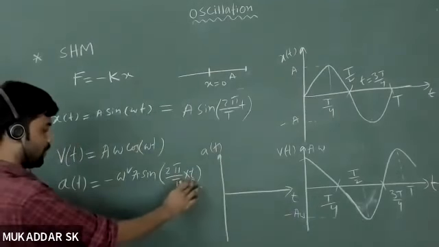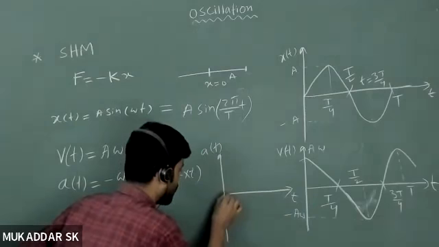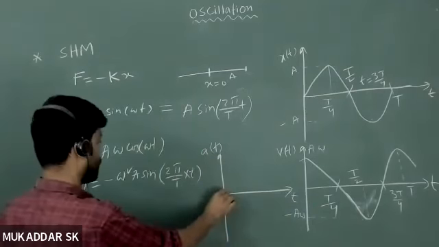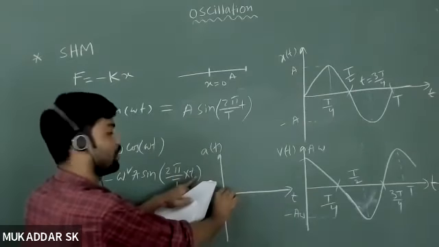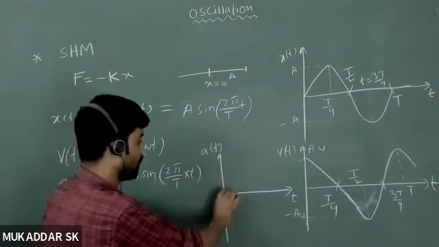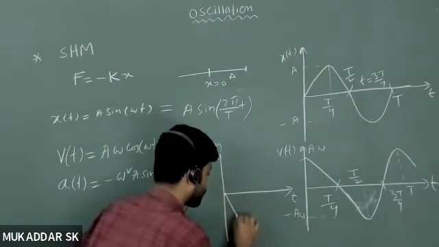When time t is 0, your oscillator will be here, or you can say that acceleration will be 0, right? But at time small t equals capital T by 4, you will get minus omega square a. So your curve will be like this.